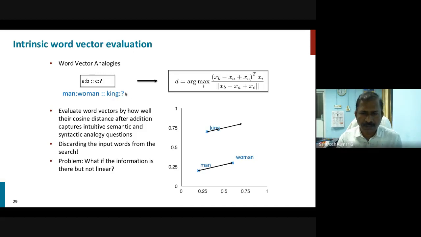So we expect the difference between the vector man and women must be something similar to the difference between the word vector king and the vector that is being offered by the system. So if we are getting a word which is closer to, as a word similar to women with respect to king, maybe we can say that our word vector representation is somewhat good.